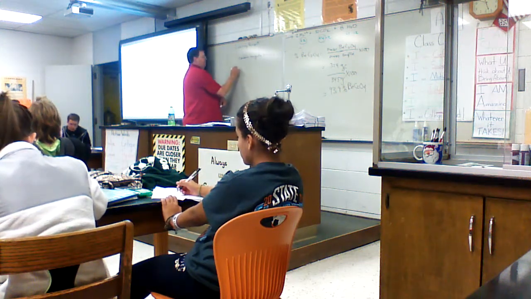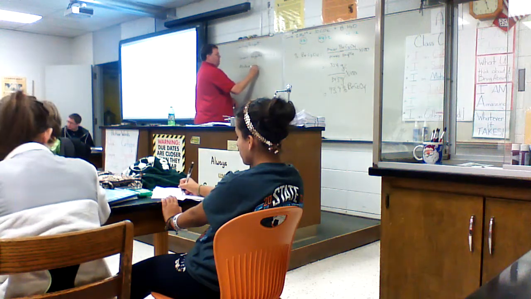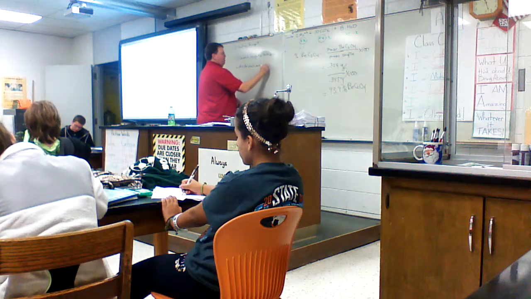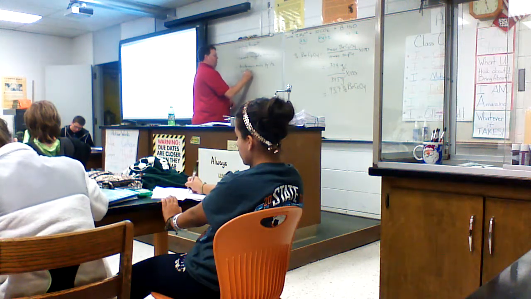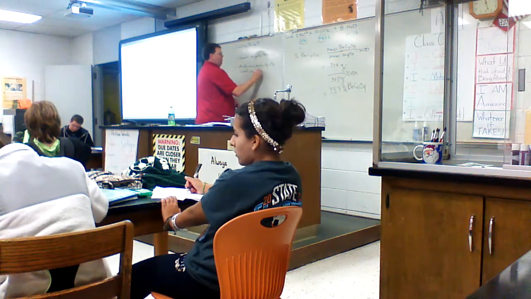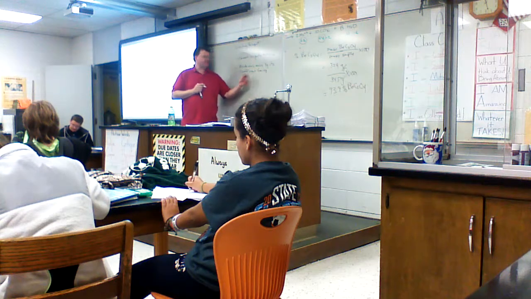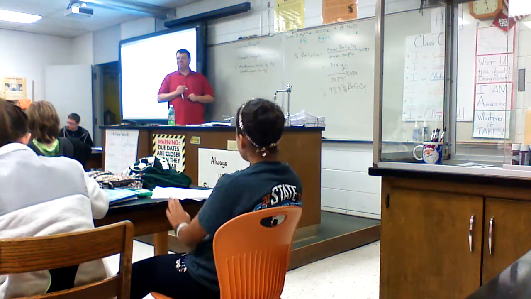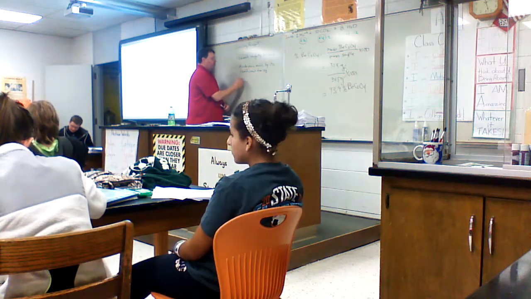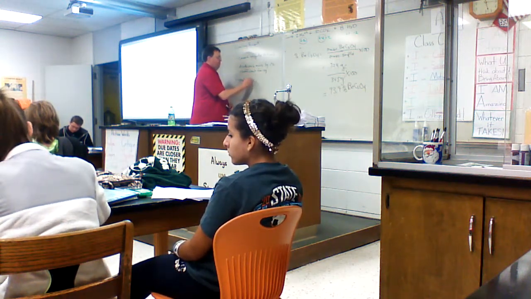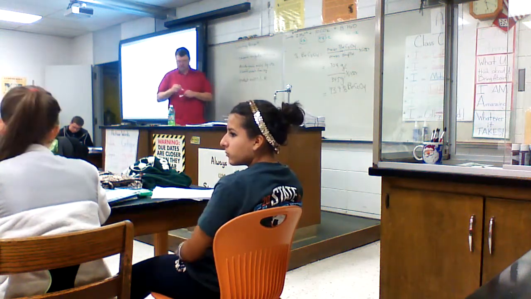Then divide each number of moles by its coefficient from the balanced equation. And the one that you get smallest tells you what your limiting reagent is.